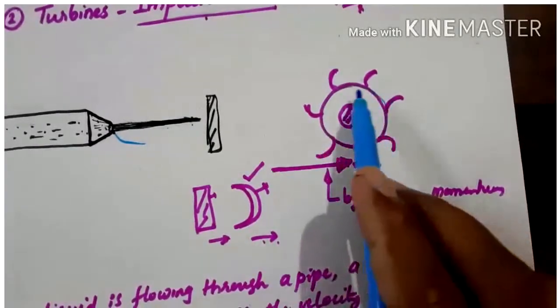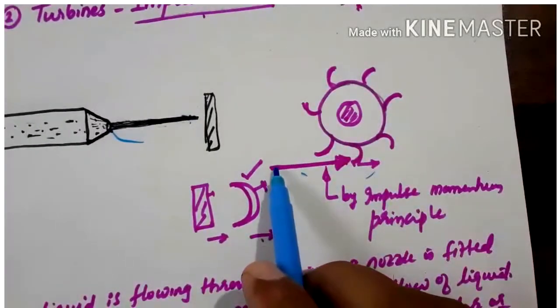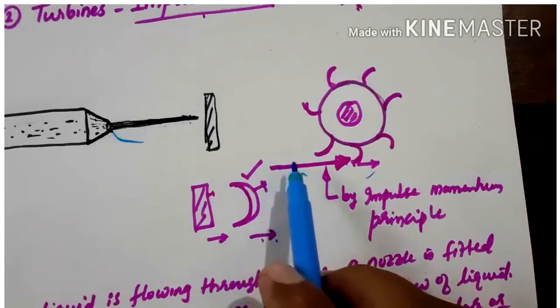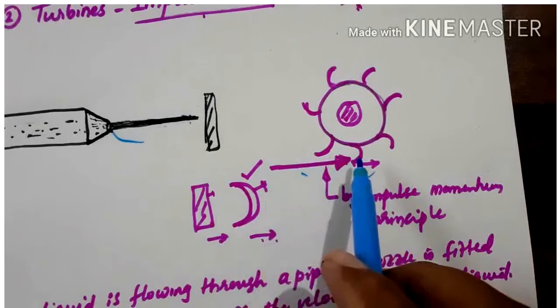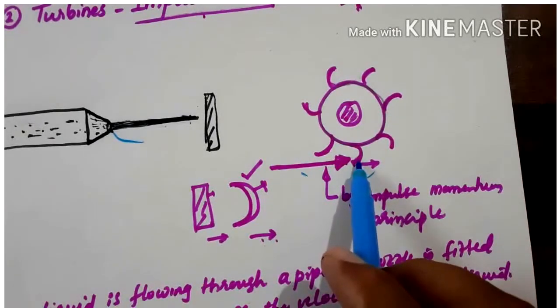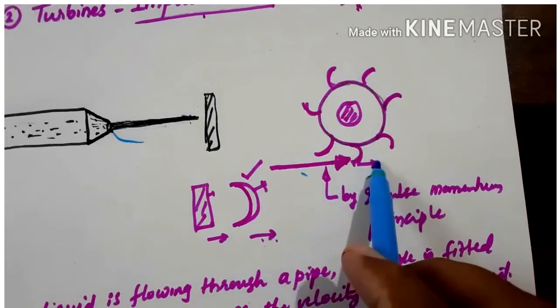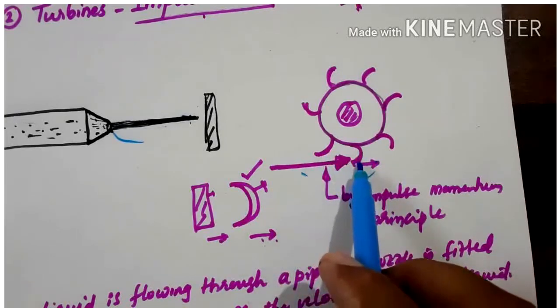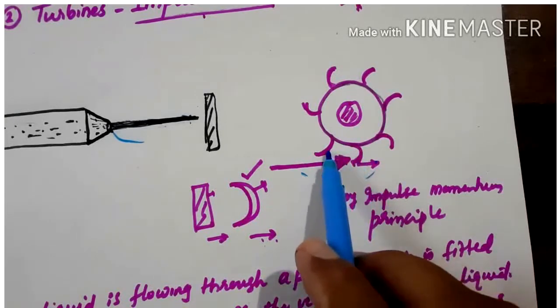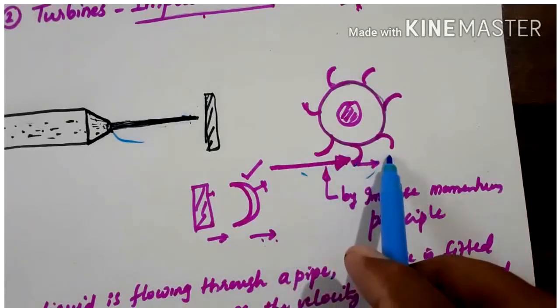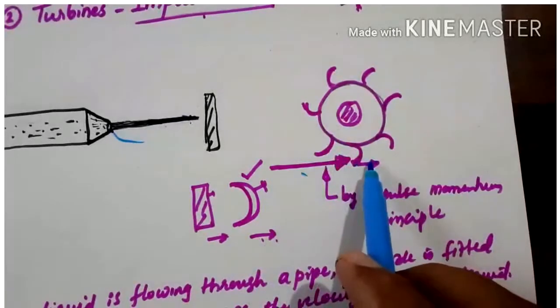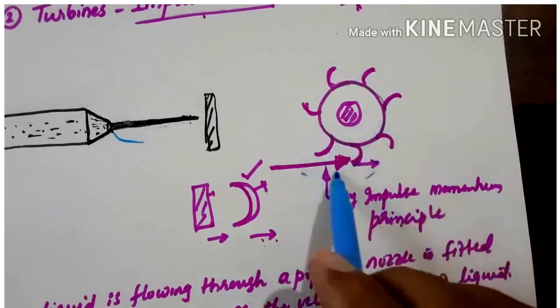So in running of the turbines, when this hydrodynamic force exerts on the blade or the vane, this vane will move forward, then the next blade will come and stand before the jet, take the force, and also move in the forward direction, and this will continue.